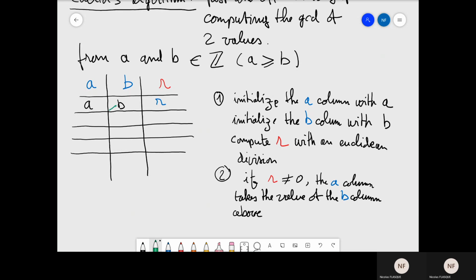So this is a little green arrow. The B column takes the value of the R column above.